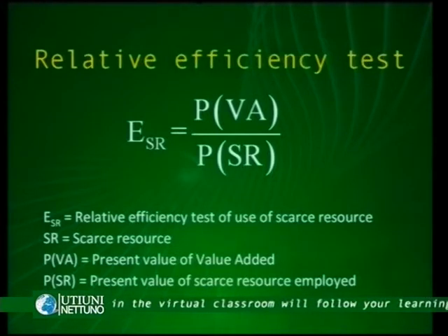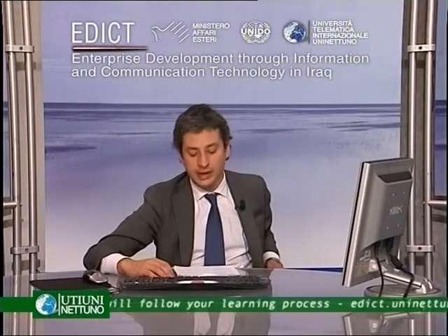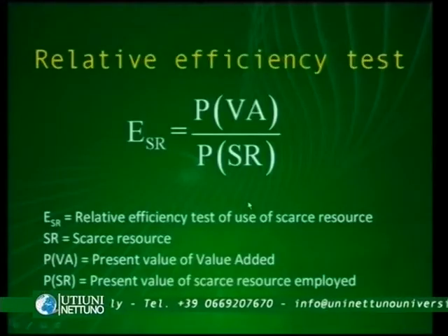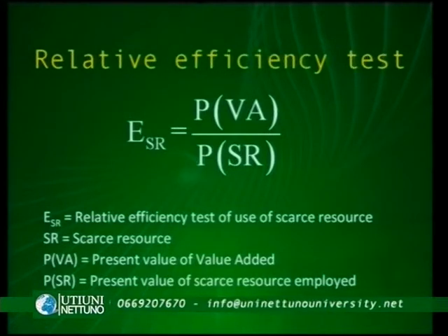There could be different definitions of value added, but as we have seen in the previous slides, typically you prefer to use for this purpose net national value added, so the value added net of also the repatriated payments, and the present value of scarce resources that are used by the project. So in other words, you want an index of efficiency that says how much value added you are generating for each unit of value of scarce resources that are employed in this project.